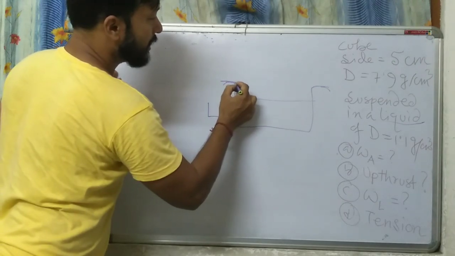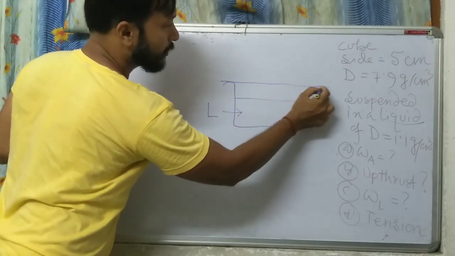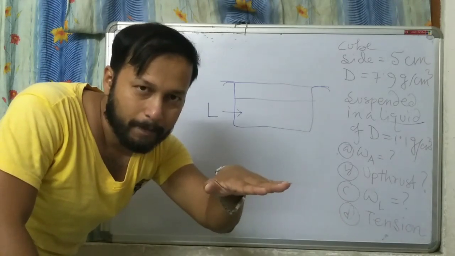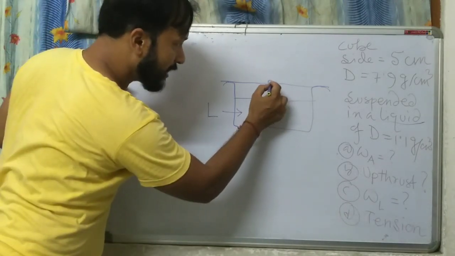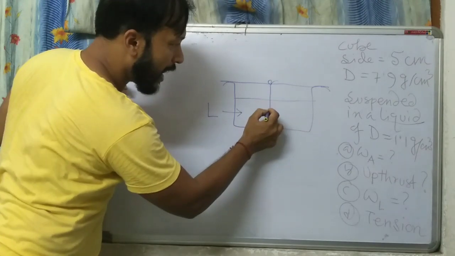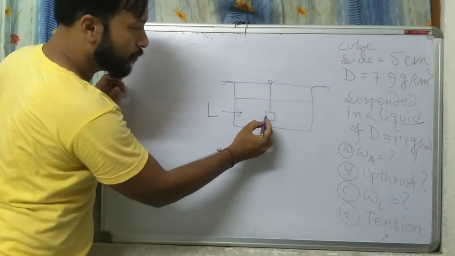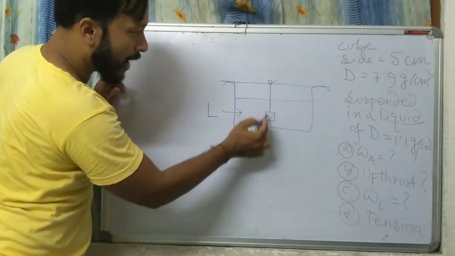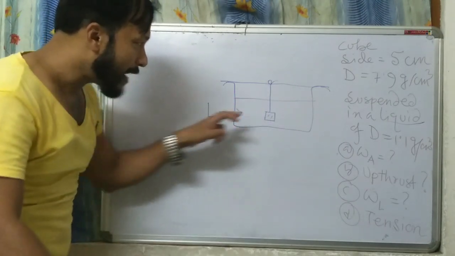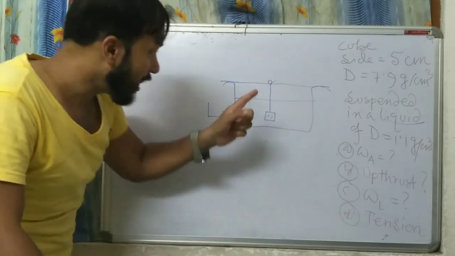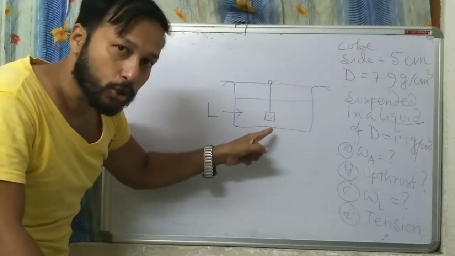Now here I am placing a scale. Okay, a simple scale is placed here so that I can hang this cube. Okay, this is the cube which is hanged, by using this thread. By using a thread, here I am hanging the cube.